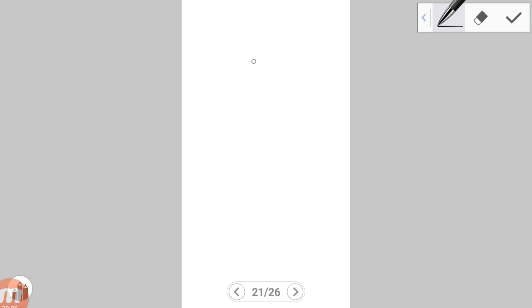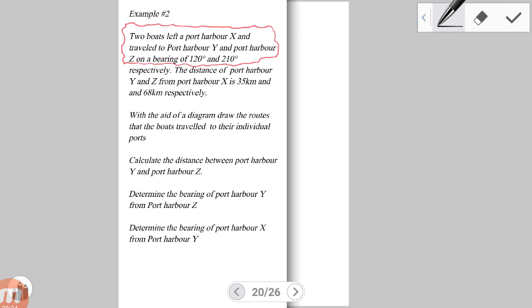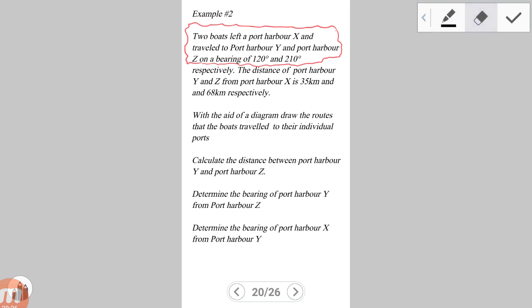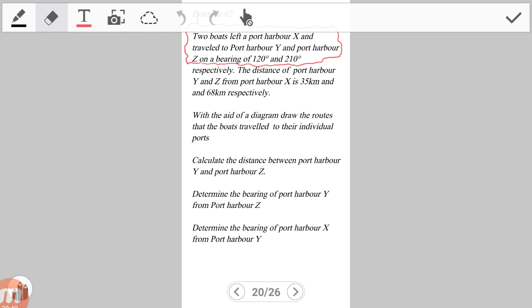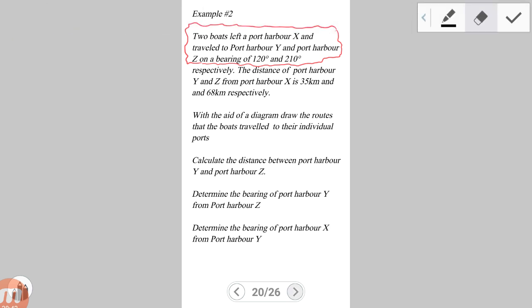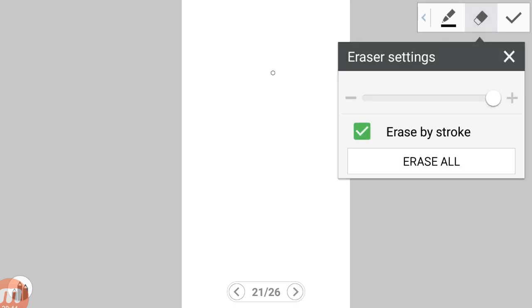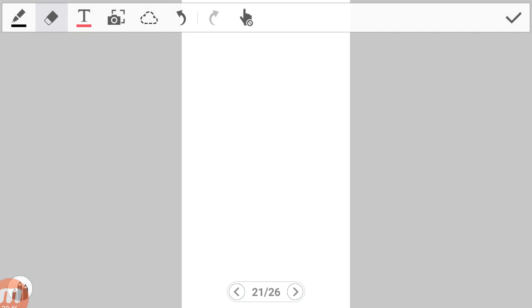We can just put it right in the center of our paper here, and this is going to be harbor X. Let's drag it down a little bit here, guys, because we're going to need some space for our bearing.